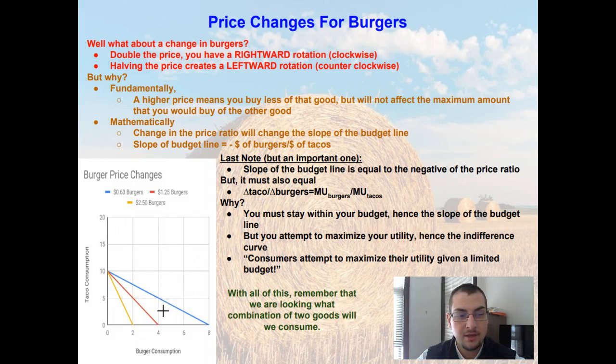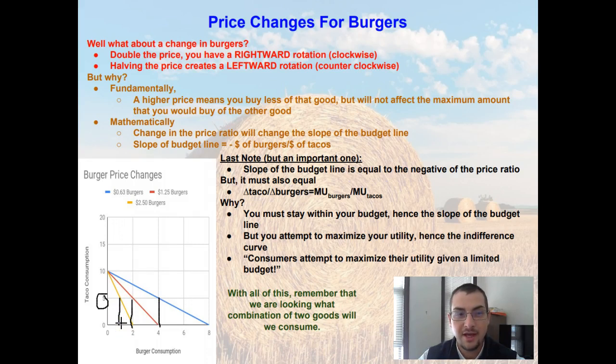And again, if the price of hamburgers is cut in half, say we still bought 5 tacos, now we can consume 4 hamburgers as well, versus under the original budget line, we could have only consumed 2 hamburgers. Or if the price of hamburgers doubles, we can only consume 1.5 hamburgers.